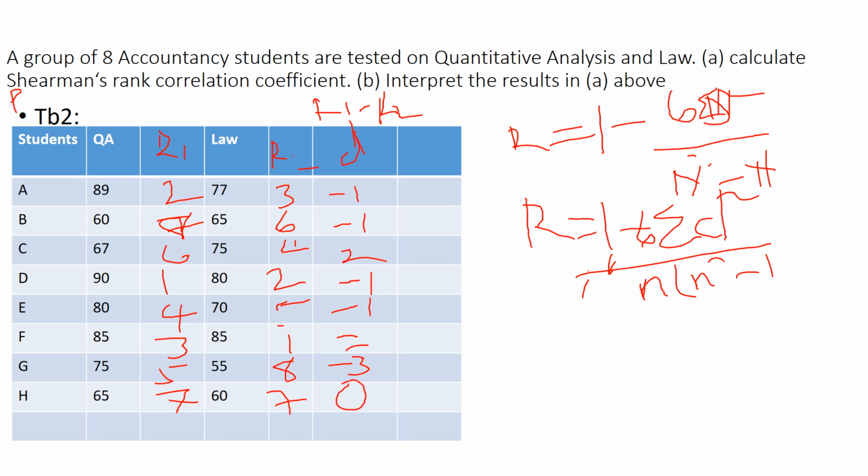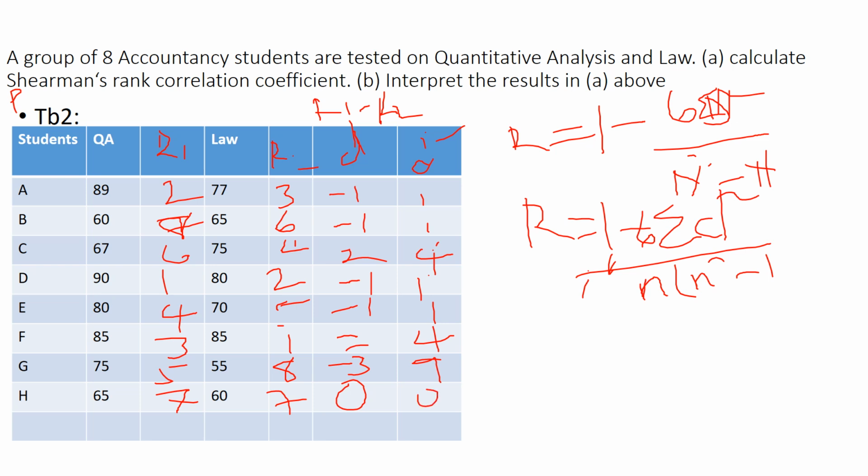So the next column, to do away with our negatives, we square the d, or the difference squared. So that 1 squared becomes 1, -1 becomes 1, 2 becomes 4, and then -1 becomes 1, and then we have 4, and then 9, and then 0.